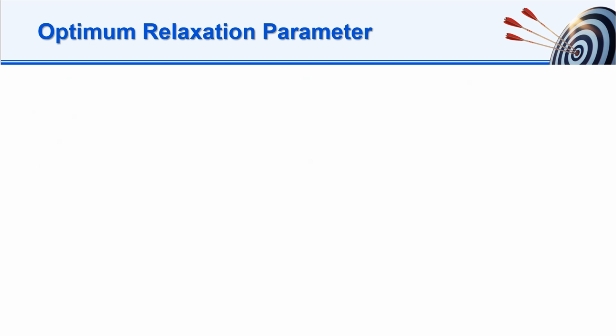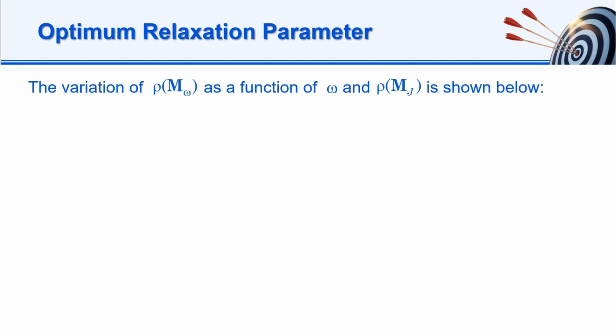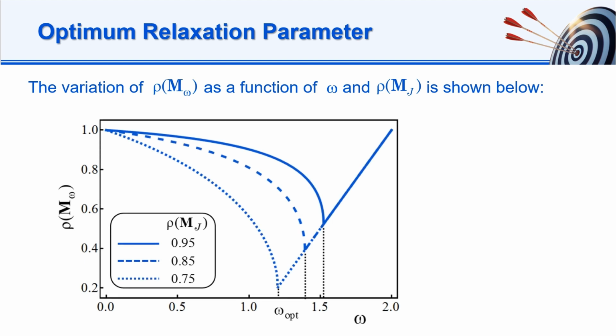The variation of SOR spectral radius as a function of omega and spectral radius of the Jacobi iteration matrix for a positive definite system is given below. The spectral radius decreases as omega increases from 1 up to a certain value.